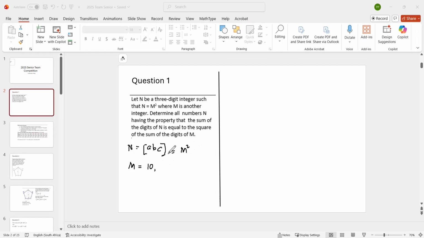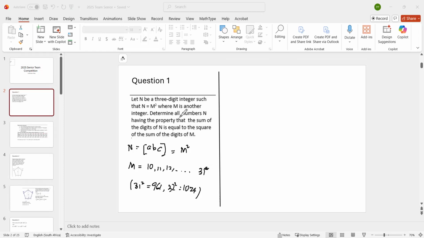The highest 3-digit square is 31 squared, because 31 squared is 961, while 32 squared has got 4 digits. So m can be any one of these numbers from 10 all the way up to 31.